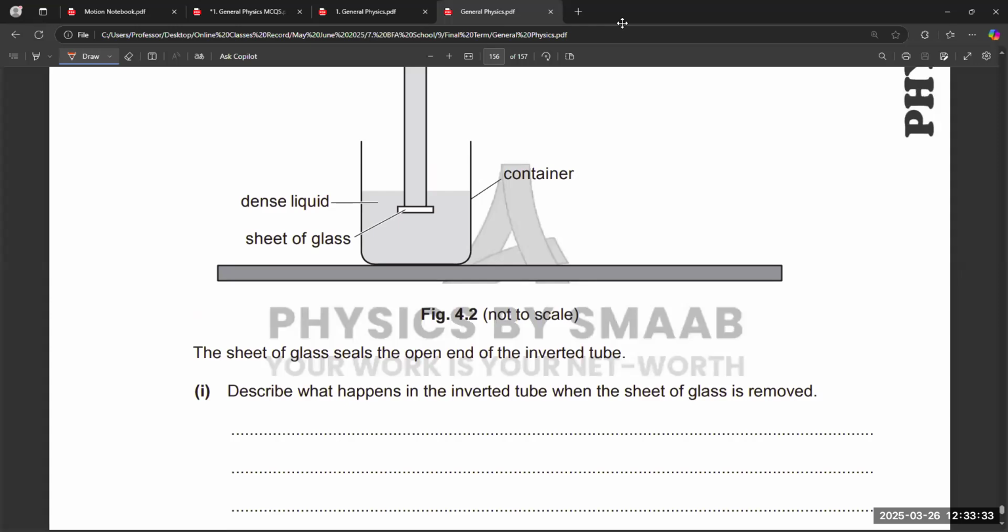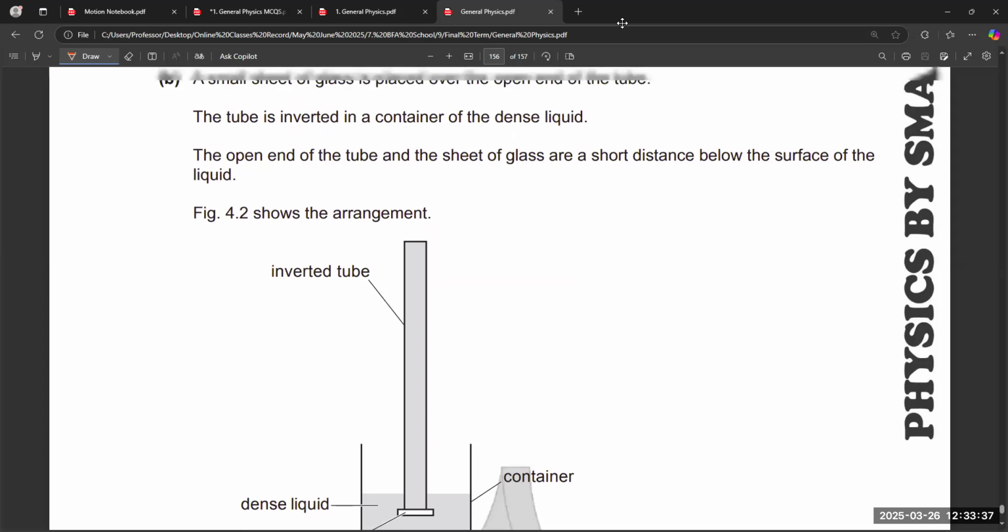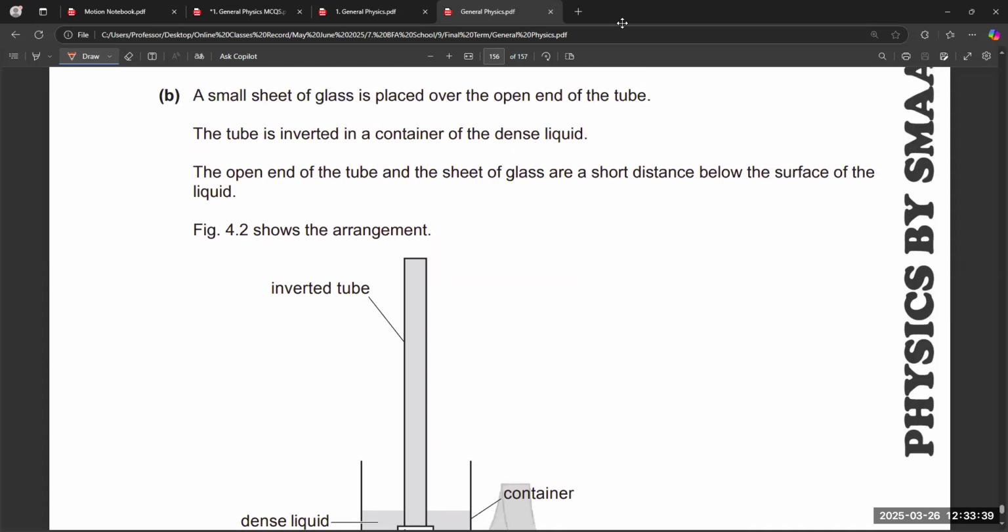Okay. Now we have another part of this question. Basically, this part of the question is related to the barometer concept.